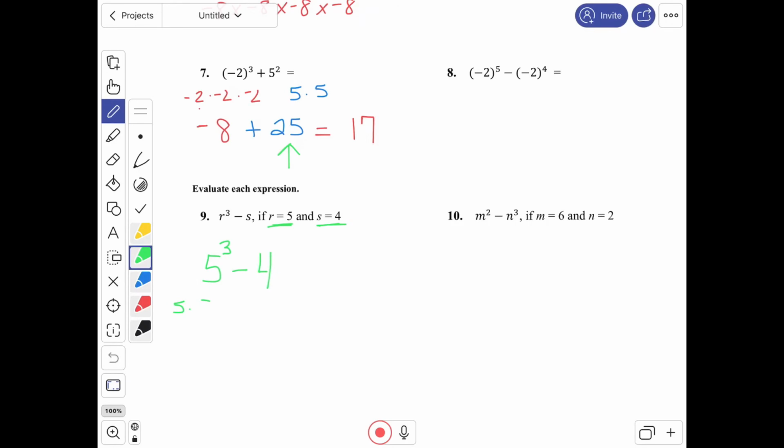Well, 5 to the third power would be 5 times 5 times 5. 5 times 5 is 25. 25 times 5 is 125. Then minus 4, and we get 121. And you do the same thing on number 10.